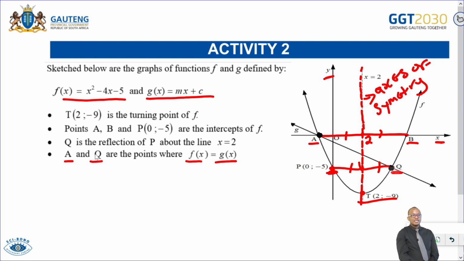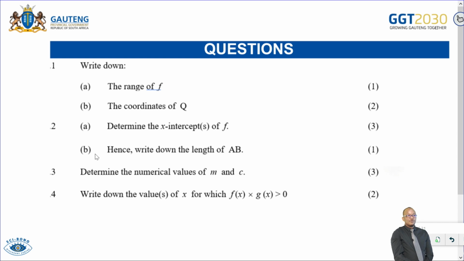So now, we can go and read our questions. Looking at our first question, they say write down the range of f, 1 mark. B, write down the coordinates of Q, 2 marks. That is number 1. Number 2, we must determine the x-intercepts of f, 3 marks.